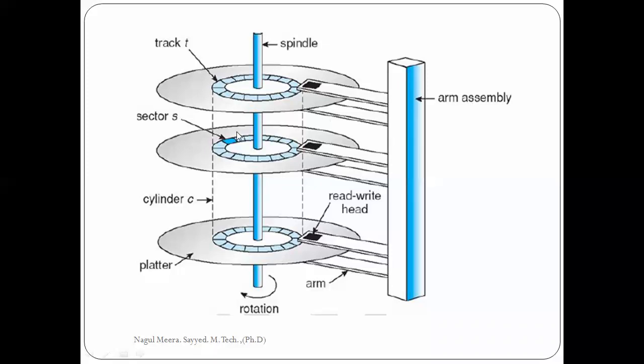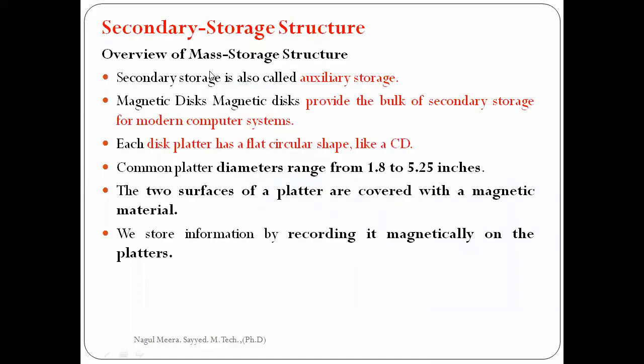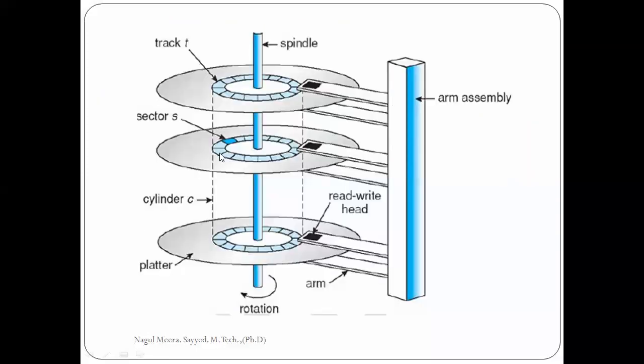This is the inner part of our hard disk, the mass storage structure overview. If you get this question in the exam, you must draw this diagram also. They will give marks for a rough diagram. So this is about the inner part of the hard disk.